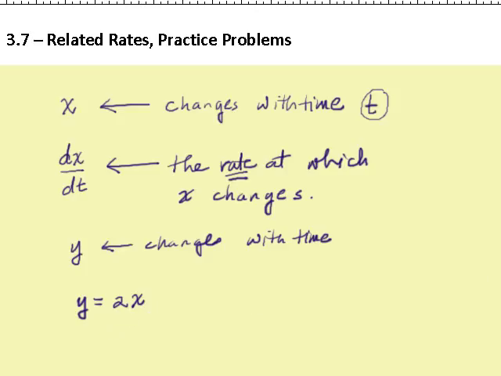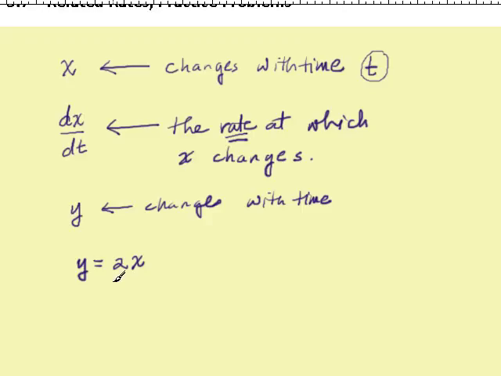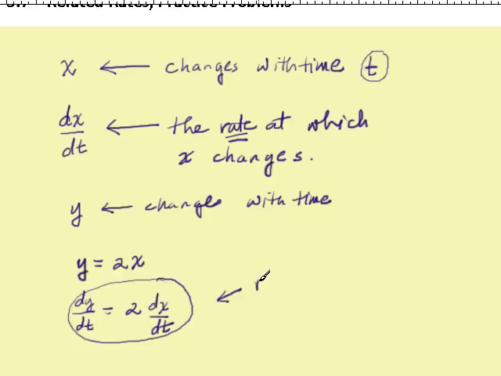And we get the relationship between the rates by differentiating with respect to time. So on the left, that would just be dy/dt, and on the right, that would be 2 dx/dt. So these are related rates.